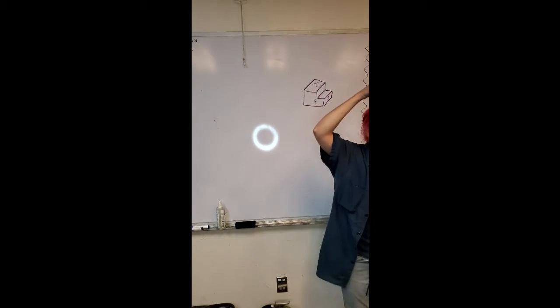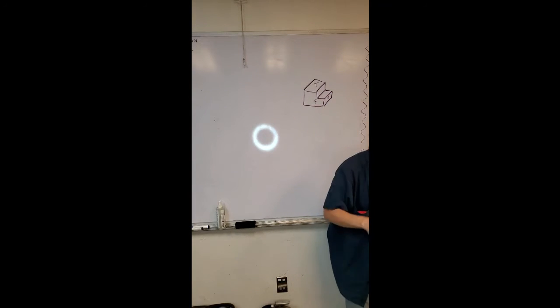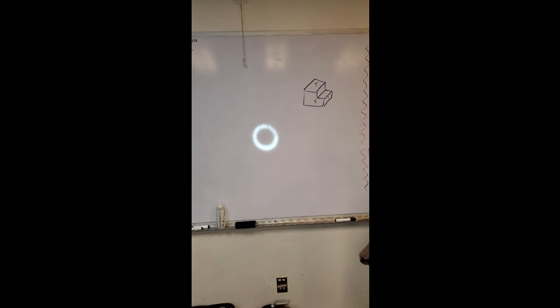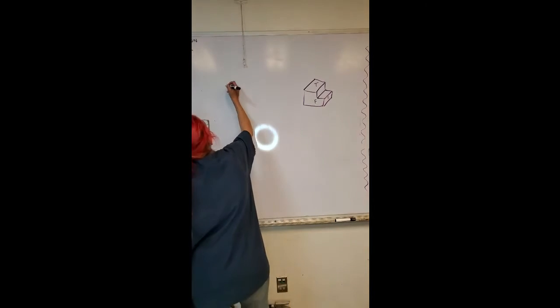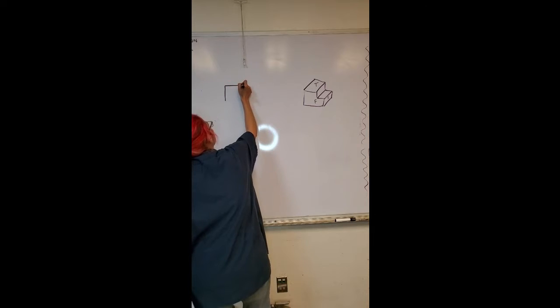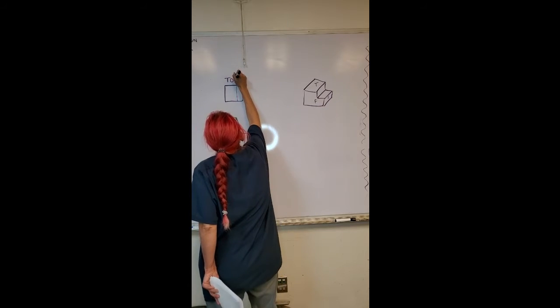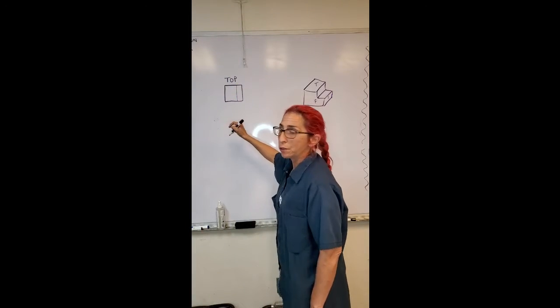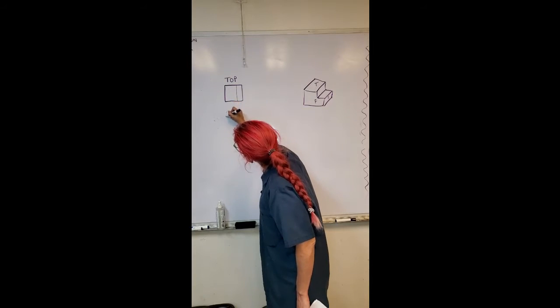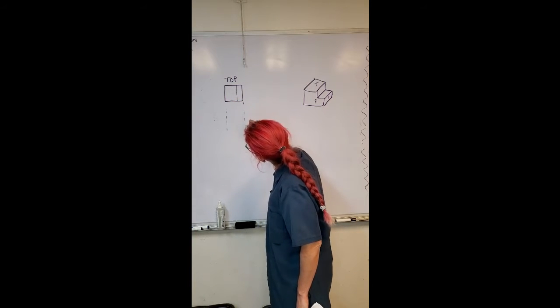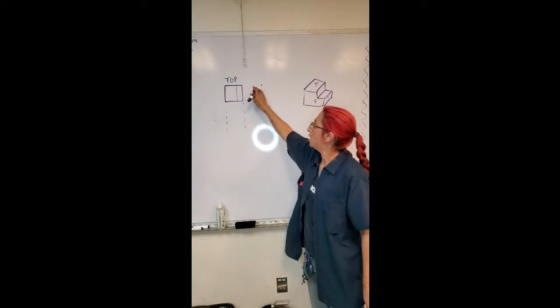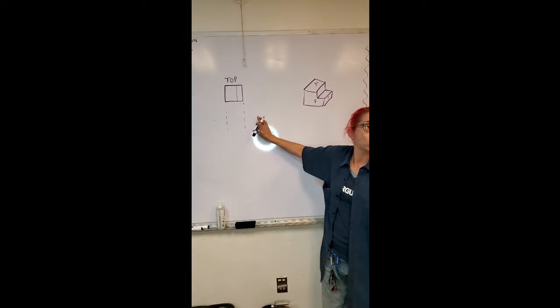Okay, so the top looking directly down. What is it going to look like? Rectangle next to another rectangle. Okay. So whenever we draw this, we also want to draw relationally. So now my top and my front are going to be relational to each other.